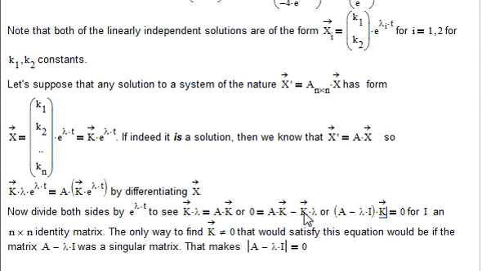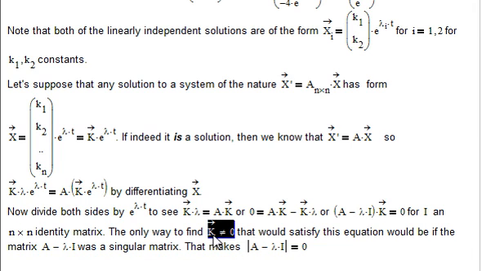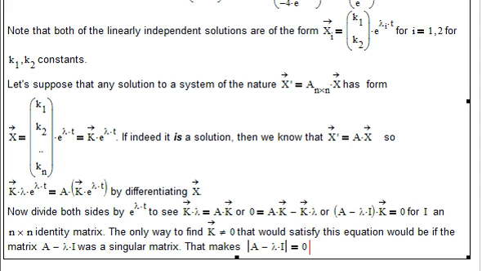Now, that lambda times I, if we factored the k out of this, is an identity matrix of the same size as A, but with the ones multiplied by lambda. So the only way to find a non-zero k that would satisfy this equation would be if the matrix A minus lambda I was a singular matrix. Think about it. The only way this could be solved if k isn't 0 would be if A minus lambda I is singular. And that makes the determinant of A minus lambda I equal 0.